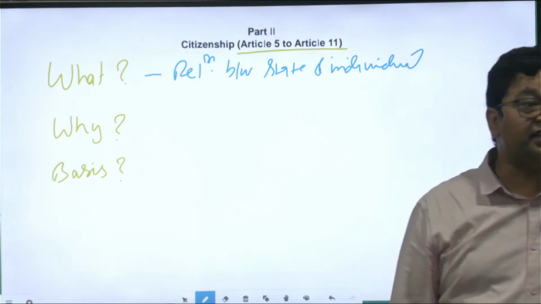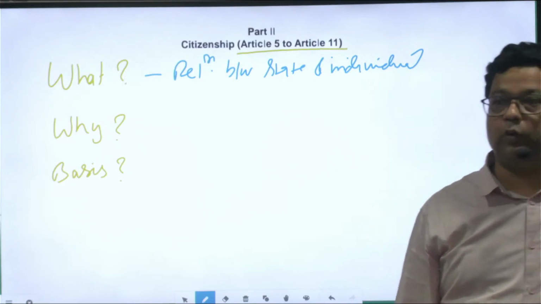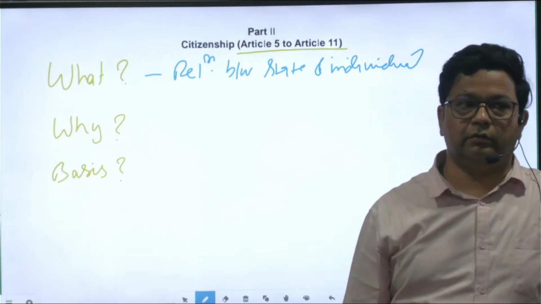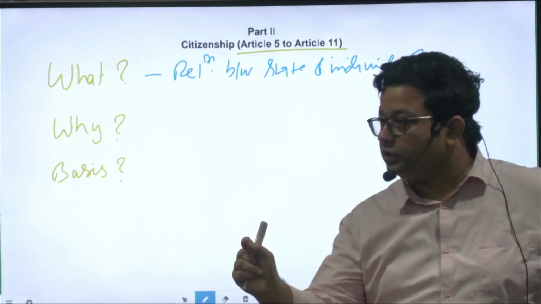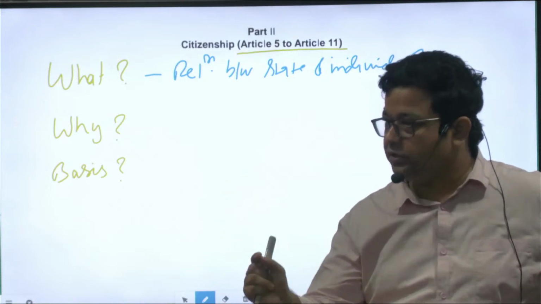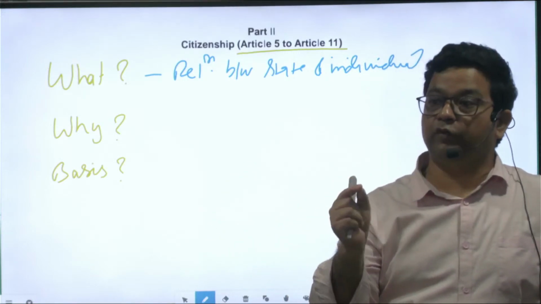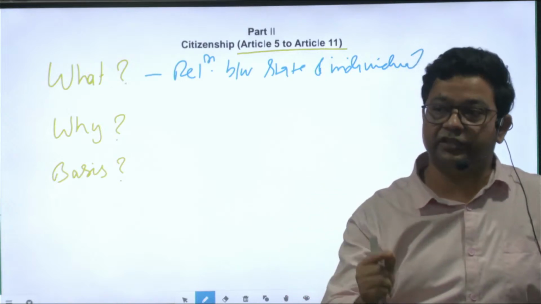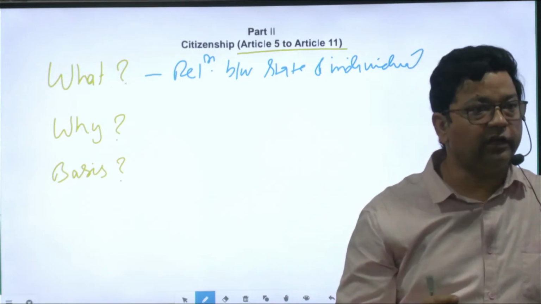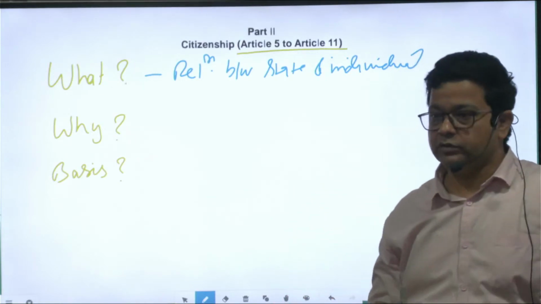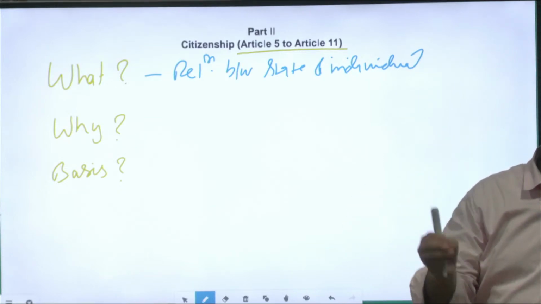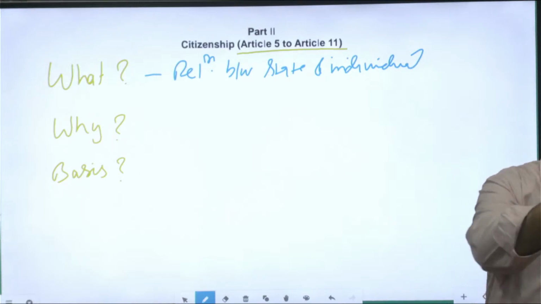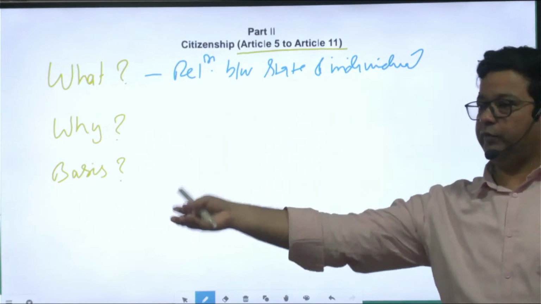Now why is it necessary to have a relation or to establish citizenship? It is the responsibility of the state to provide or fulfill the basic necessities of the individuals. So how will we provide? It will provide on the basis of recognizing citizenship, that this is our citizen, we are liable to provide those duties.